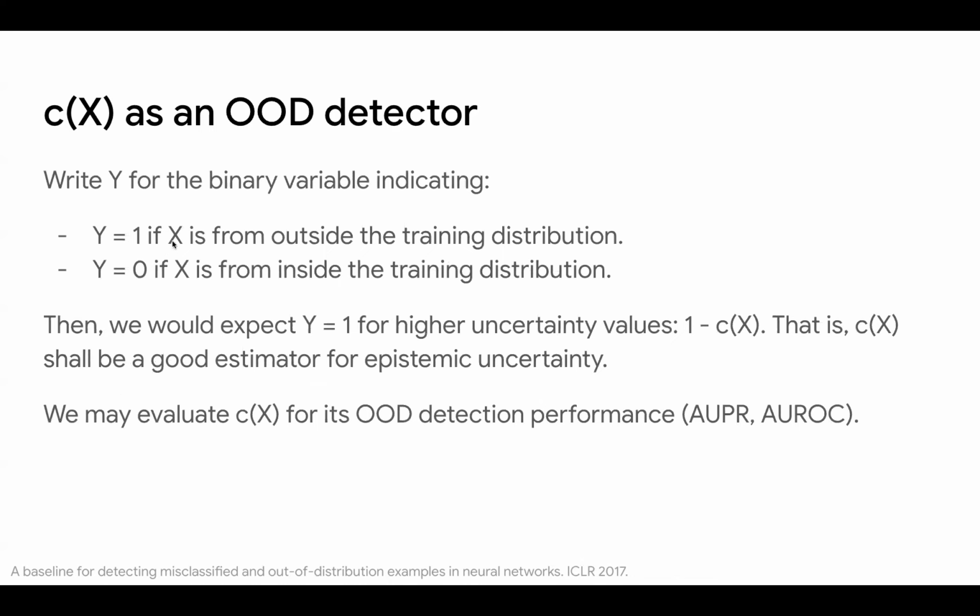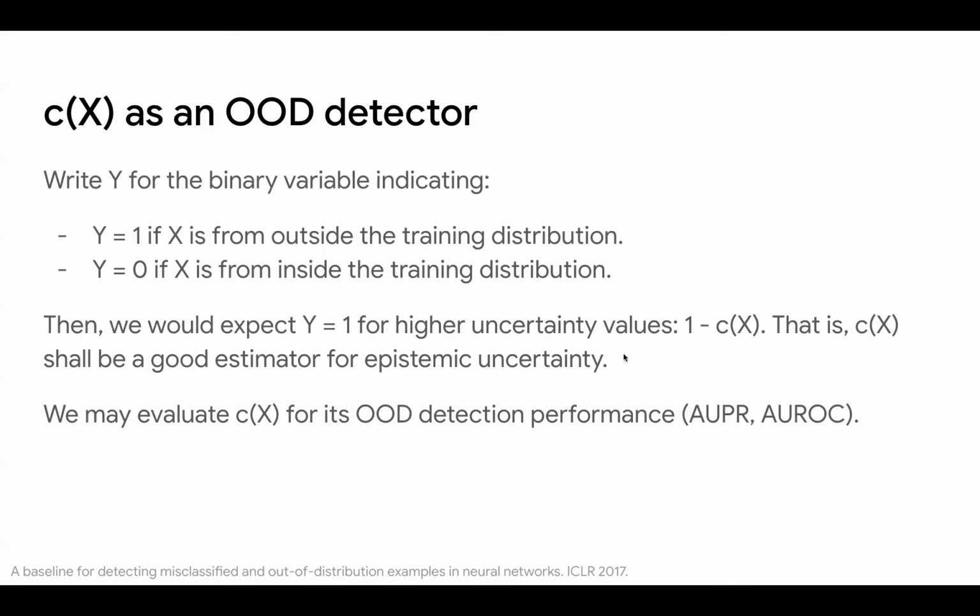To give an example from the OOD detector point of view, you can write this binary variable Y as whether this sample X is from outside of the training distribution or not. You can treat C of X as a feature for this binary prediction, and you expect Y equals 1 for higher uncertainty values, and C of X should be a good estimator for in-distribution cases.